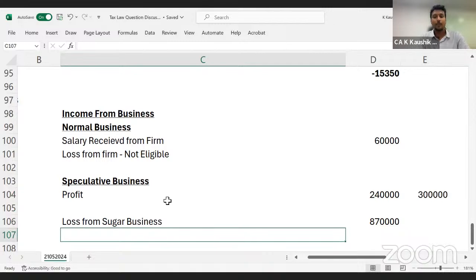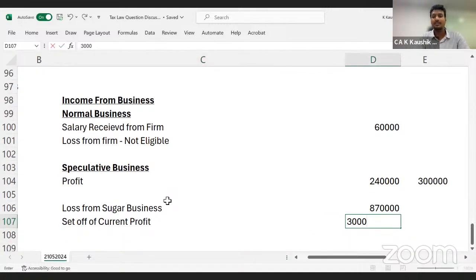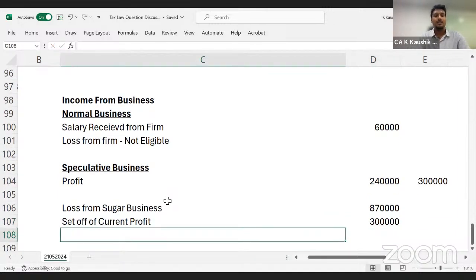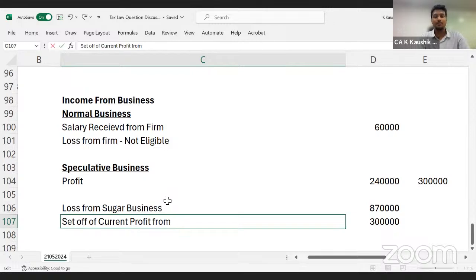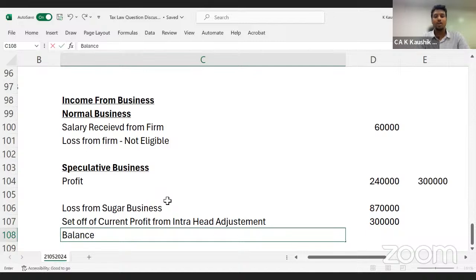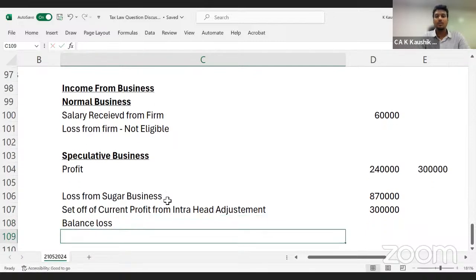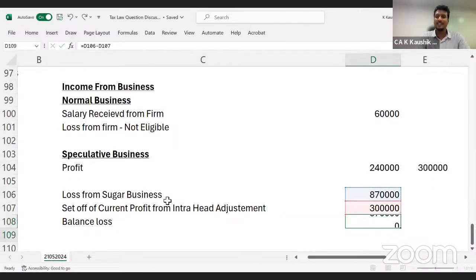Set off of current year profit 3 lakh from same head of income, intra-head adjustment. Balance loss of 5,70,000. Let's see if this can adjust with any other head of income. Otherwise, this will be carried forward.